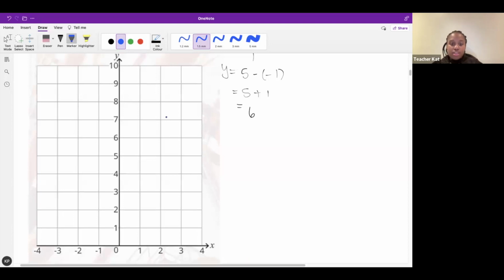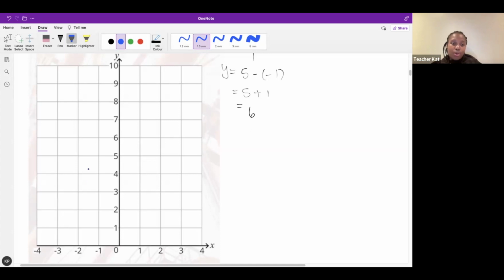So you first fill in your table and then you look. Where do my x values start and end? And then you draw your x-axis according to that. And where do my y values start and end? And you draw your y-axis according to that. But obviously it still has to start at a 0.